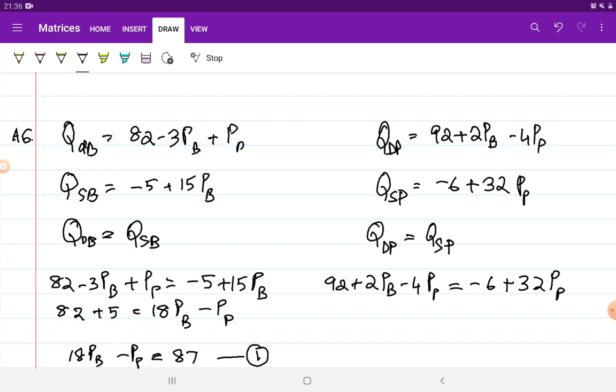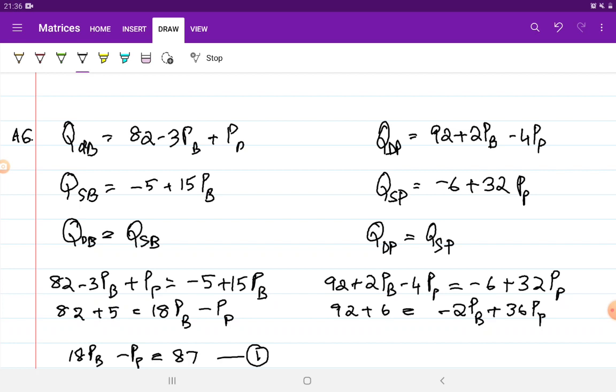Once again, I'm taking the variables to the right hand side. So I've got 92 plus 6 is equal to minus 2 PB and plus 36 PP.